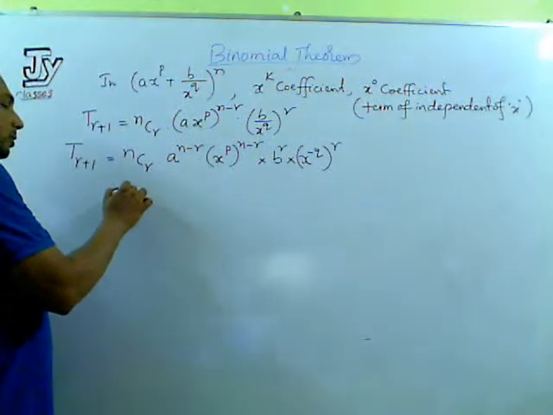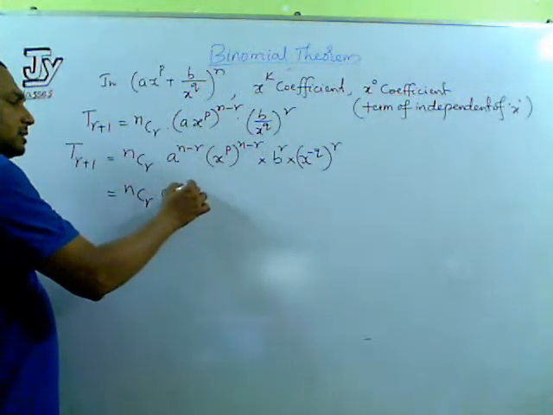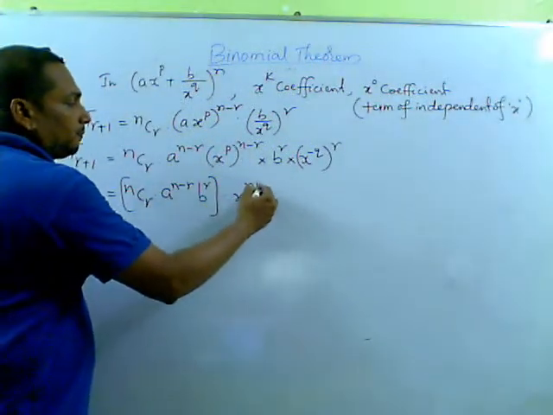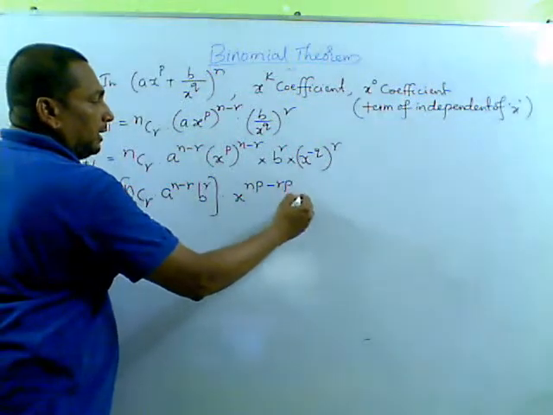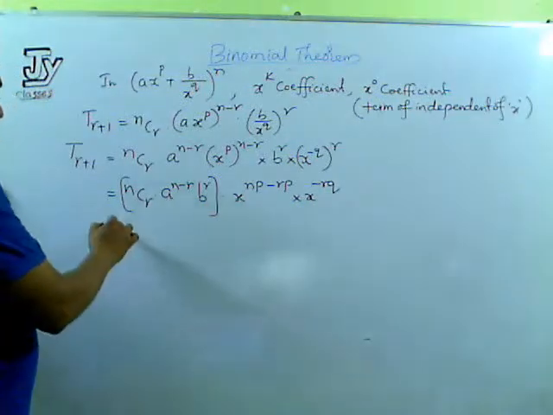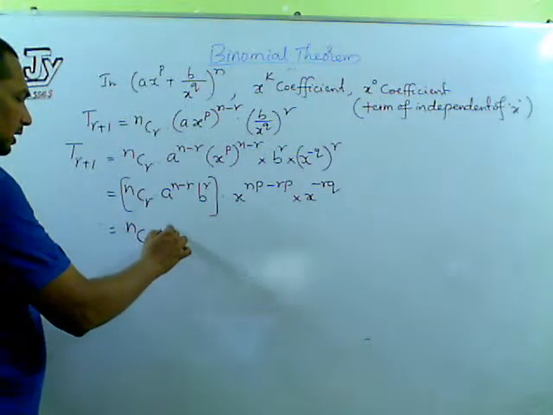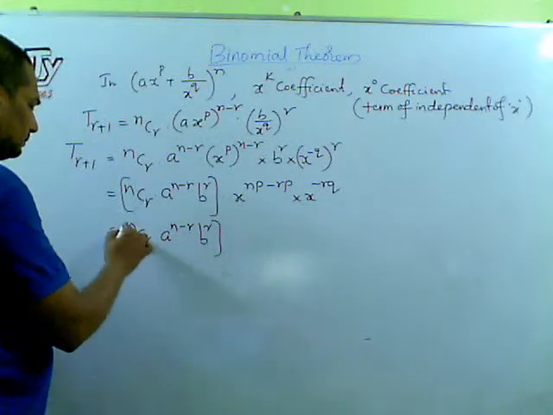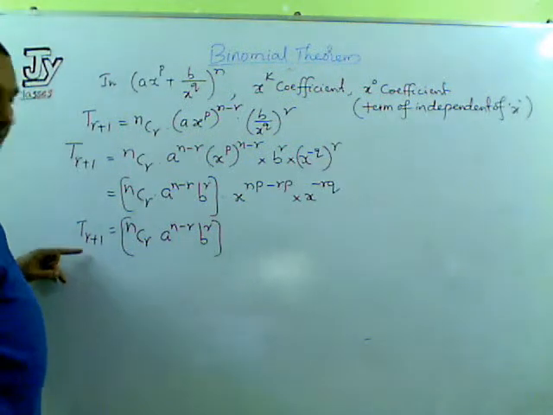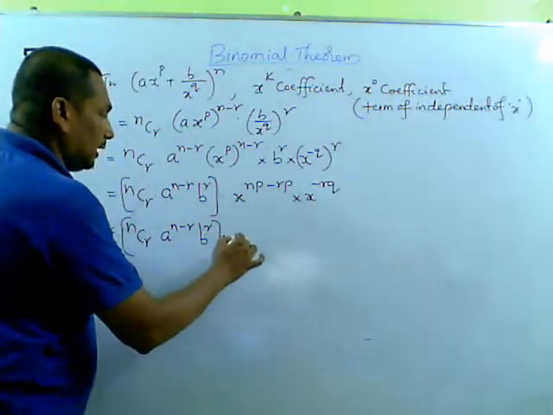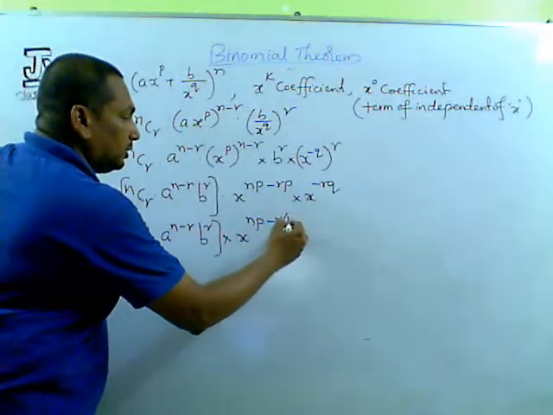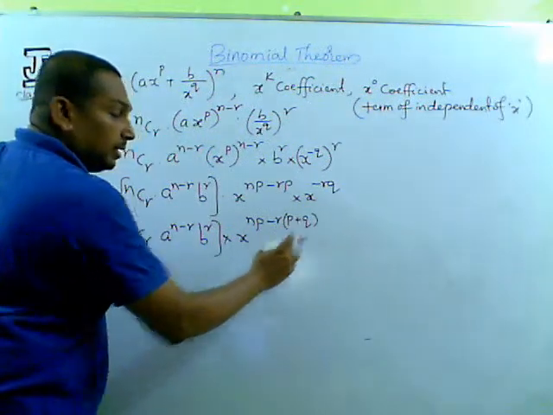Now separate the numerical part: nCr a^(n-r) b^r is the numerical part, into x^(np-rp) into x^(-rq). So T(r+1) is equal to that, into x^(np - r(p+q)).